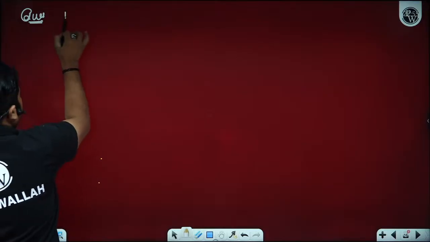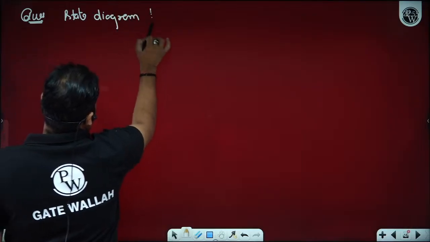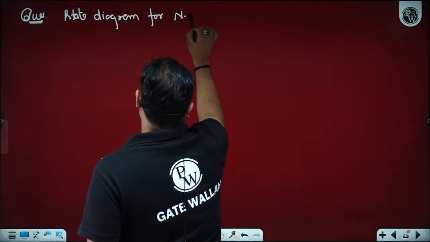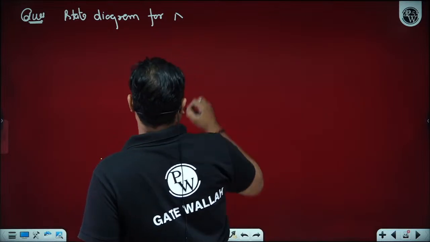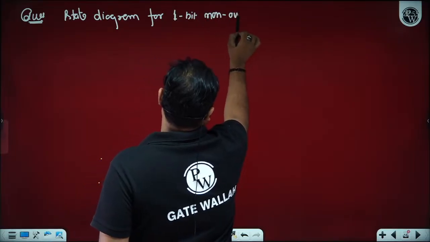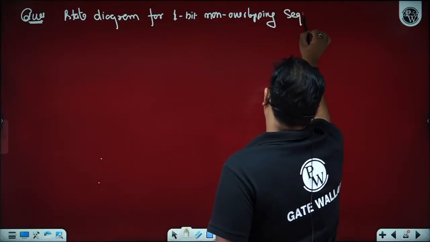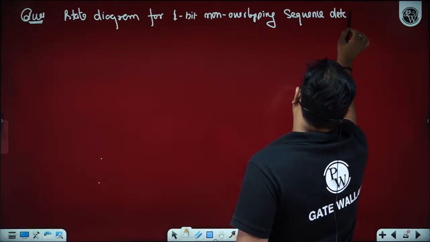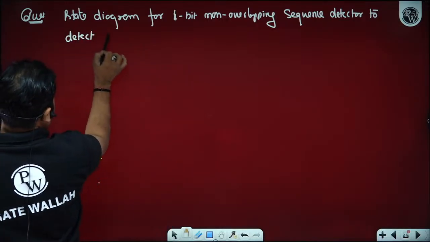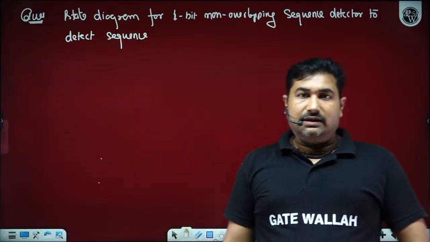Okay, so, state diagram for a non-overlapping sequence detector to detect a sequence.